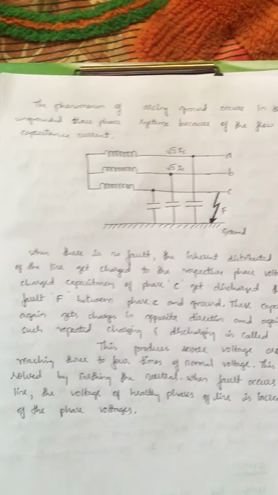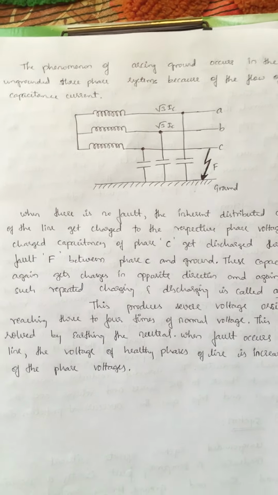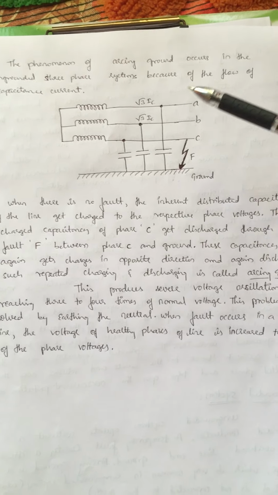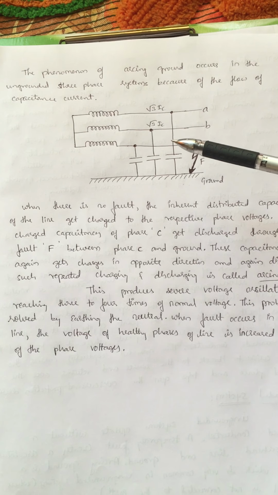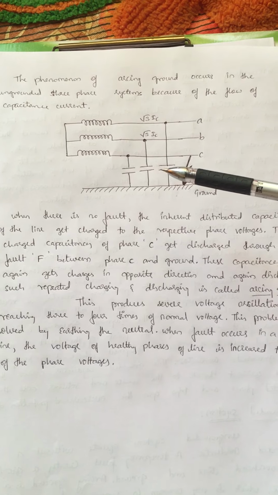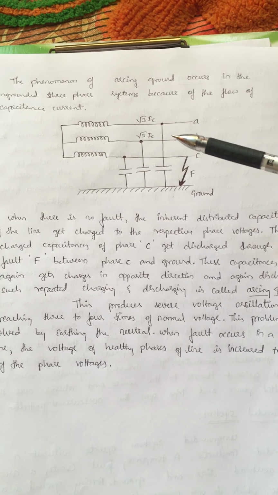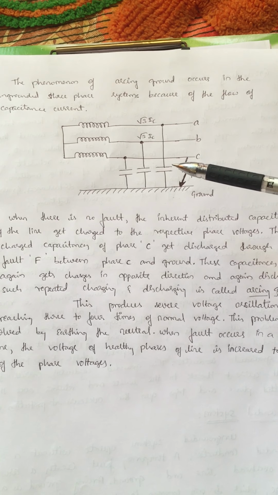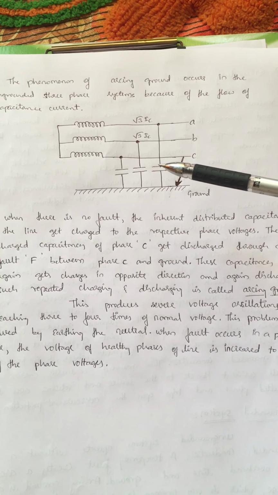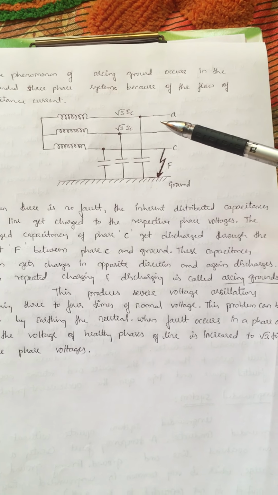When there is no fault, the distributed capacitances of the line get charged to the respective phase voltages.